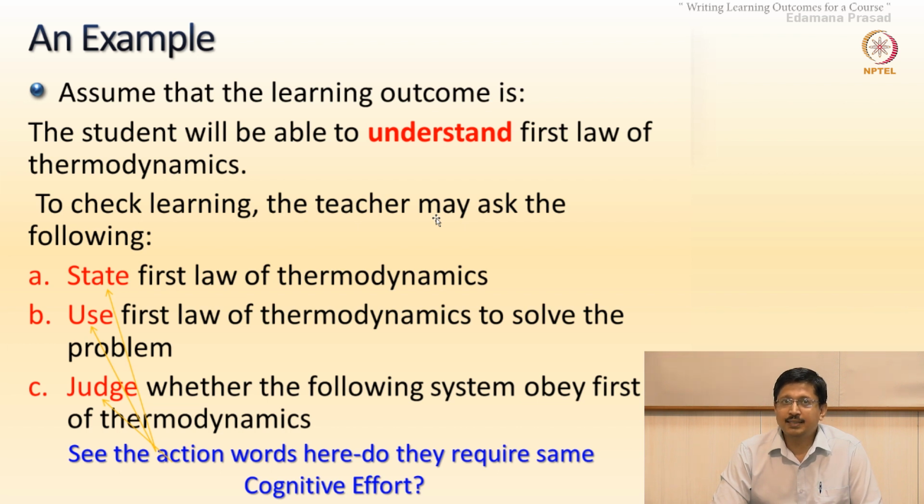Now let us go back and check whether these 3 questions, even though we use verbs, are at the same difficulty level. In other words, these questions are not at the same cognitive level. The cognitive effort, the thinking effort that a person has to put in, is different for these 3 questions, even though we have one intended learning outcome.